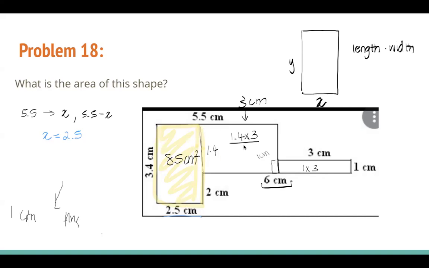Okay, how about we start with the middle one? Does anyone want to tell me what the area is? The area for the second one is 3.2?